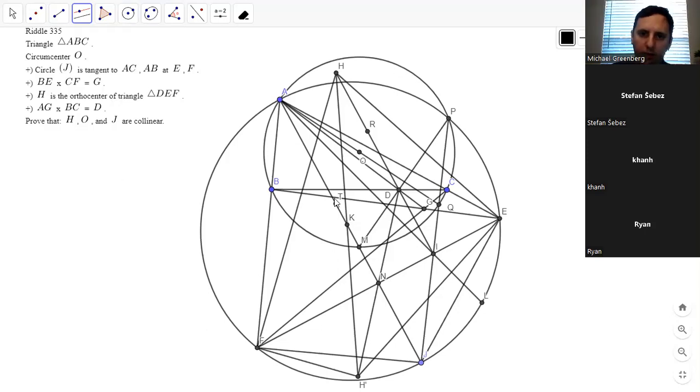So the angle THI is the angle between BC and EF. Yeah, there's so much stuff here.